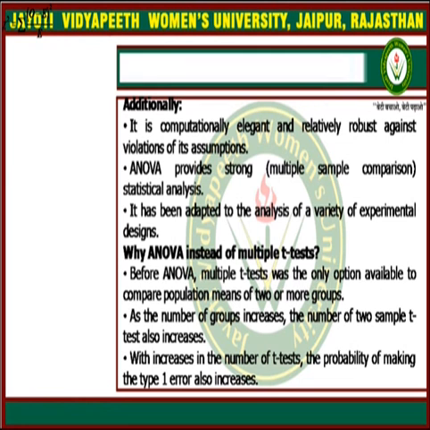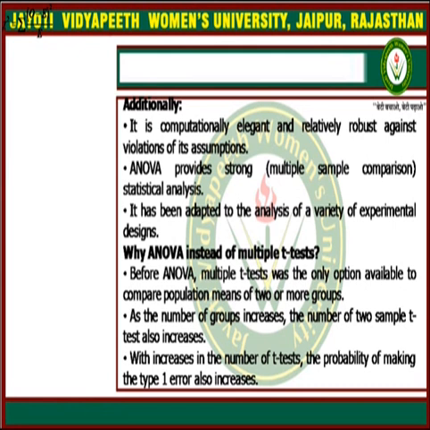So definitely it is a good method having strong statistical analysis for multiple sample comparisons, and it has been adapted to the analysis of a variety of experimental designs. It means it can analyse a variety of experimental and practical designs.